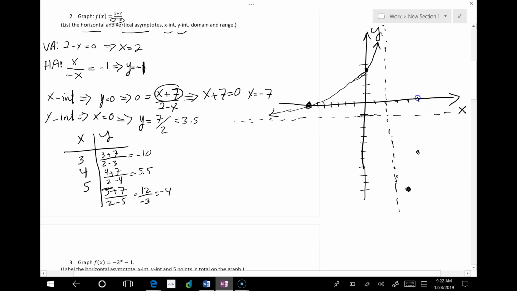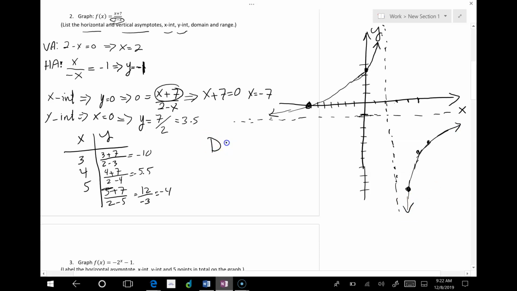And then when x is 5, it's negative 4. 1, 2, 3, 4. Okay, and here's the graph of this side. Again, approaching the asymptotes, but not crossing. Next, and this is the complete graph.